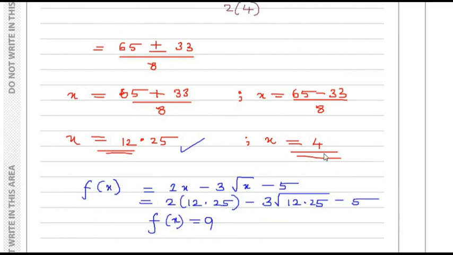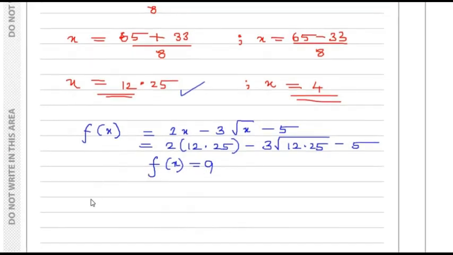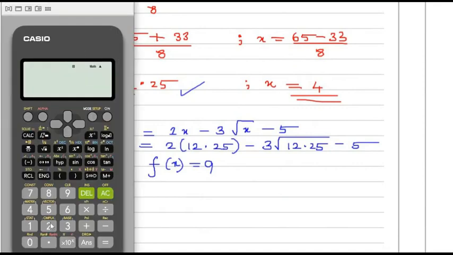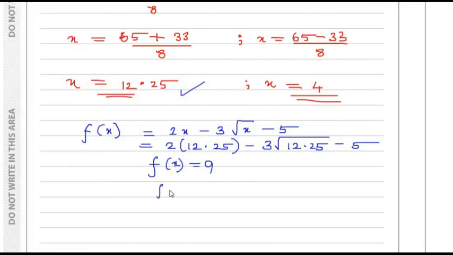Now let us check for x equal to 4 whether we get f of x equal to 9 or not. So let us do it directly on the calculator. So we have 2 times 4 minus 3 root 4 and then we have minus 5, which gives us negative 3. So we do not have f of x equal to 9, but we get f of x equal to negative 3.